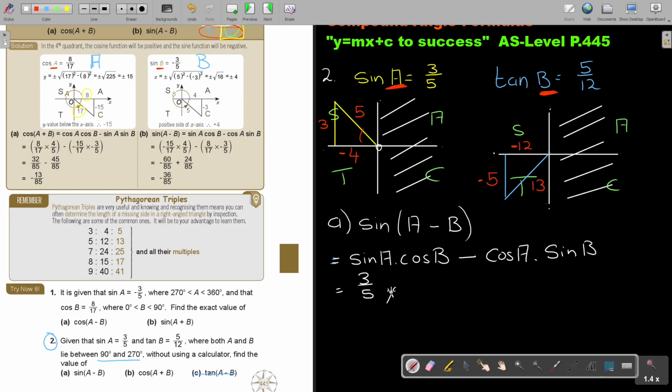What is cos B? Cos is adjacent over hypotenuse, so it's negative 12 over 13. Okay. What is cos A? Cos is adjacent over hypotenuse. And what is sin B? Sin B is opposite over hypotenuse. So it's negative 5 over 13.